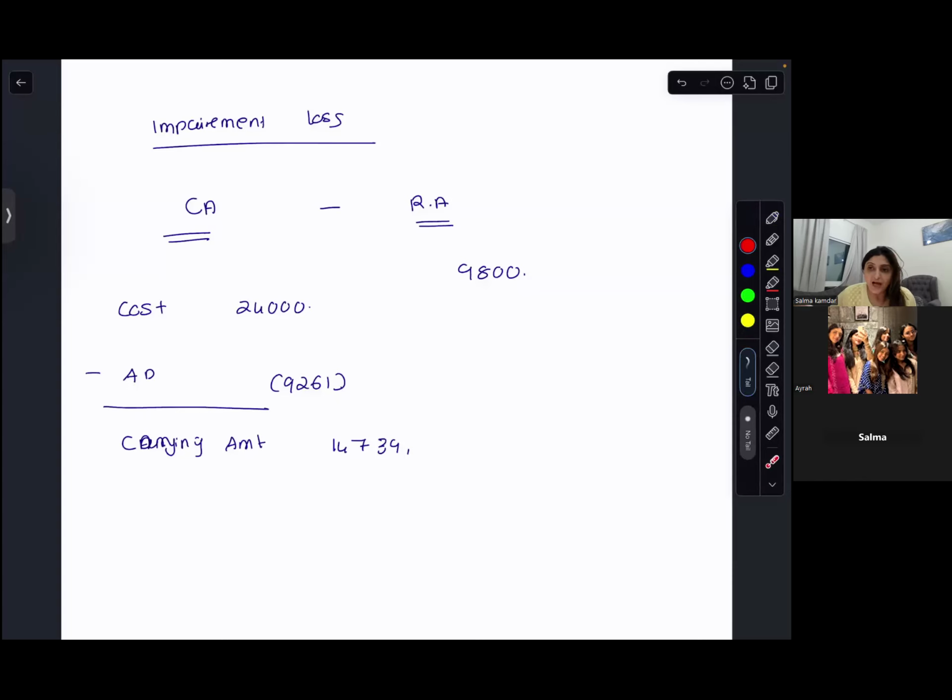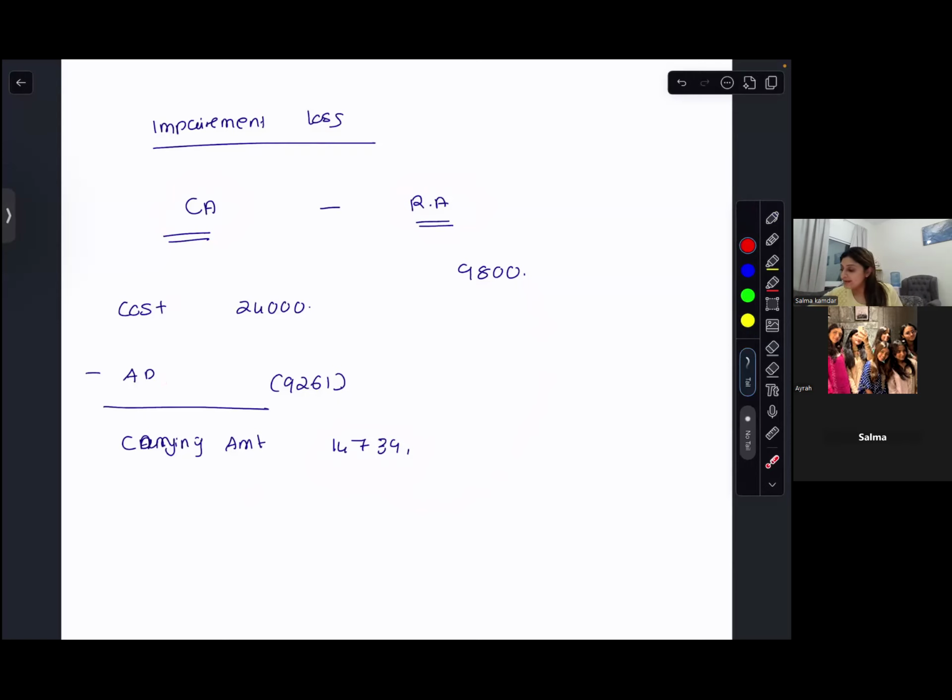Now, here we have to record the impairment loss. Are you with me? Impairment loss is the difference between the carrying amount and the recoverable amount. Carrying amount is cost minus accumulated depreciation. 14,739 is the carrying amount and the recoverable amount is 9,800.